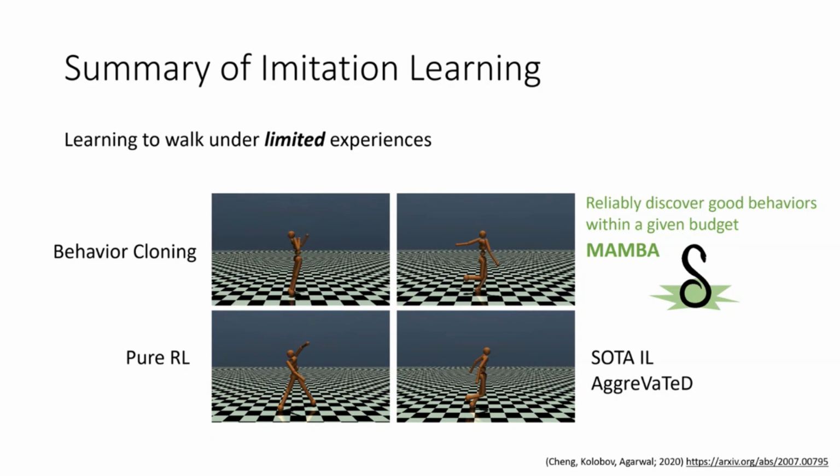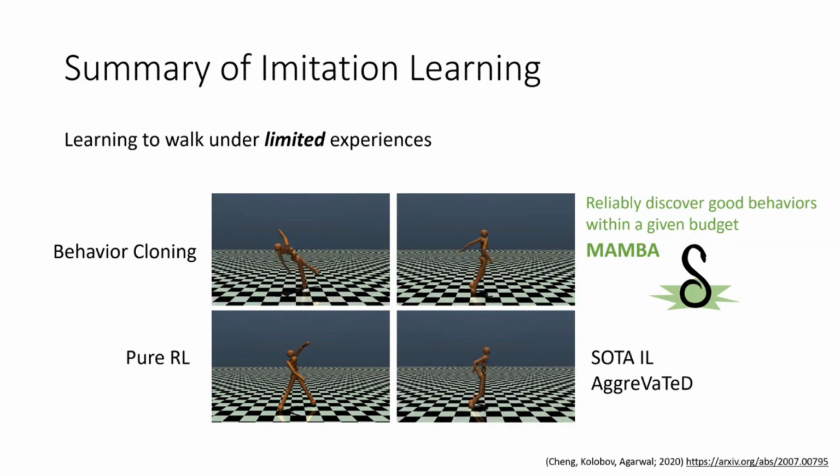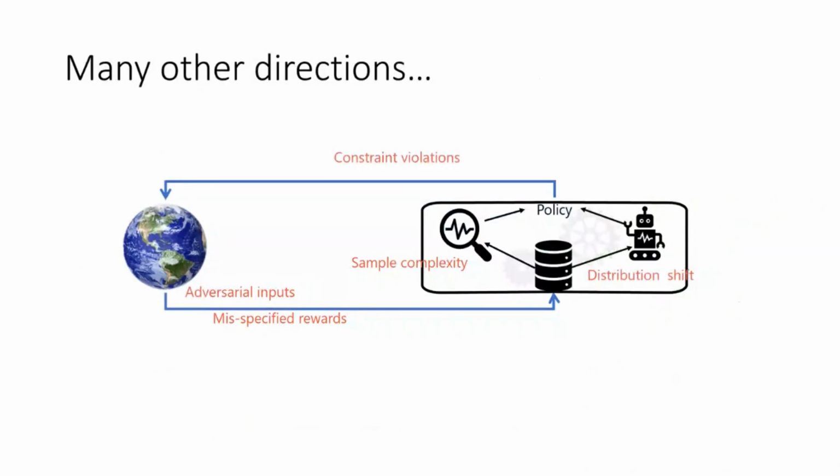But in the interest of time, I want to zoom back out and point out that there are many other challenges we worry about in reinforcement learning, whether it's about sample complexity, safety constraints, a variety of adversarial perturbations, or just robustness issues due to distribution shift and so on.